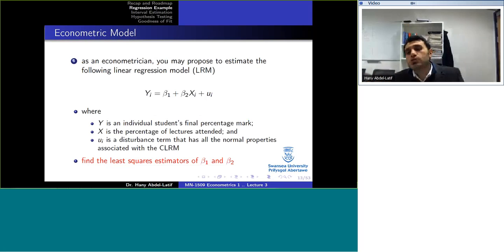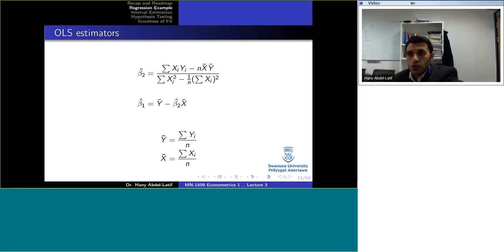So we use the OLS formulas as we showed in the lecture last week. Let me remind you of the formulas to obtain the OLS estimators of beta 1 and beta 2. For beta 2, this is the sum of xi yi, which means you multiply each value in x by each value in y, giving another column, xy.